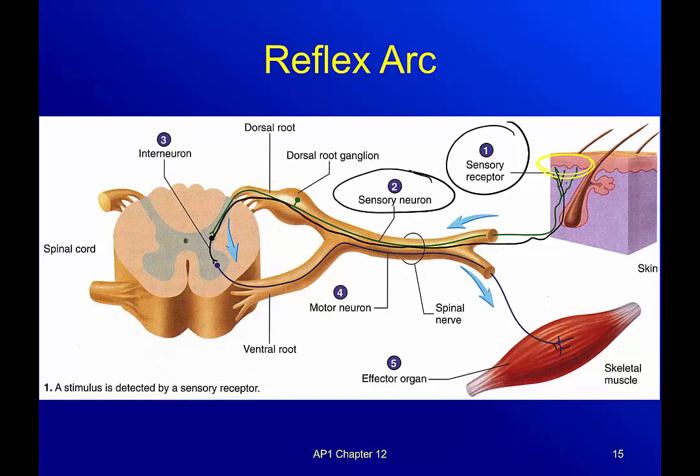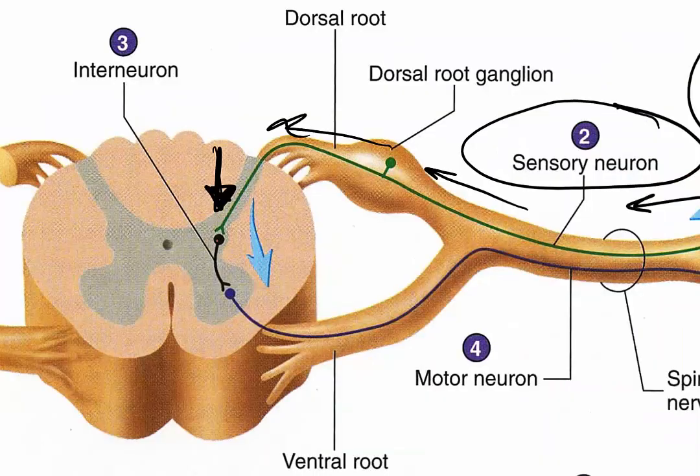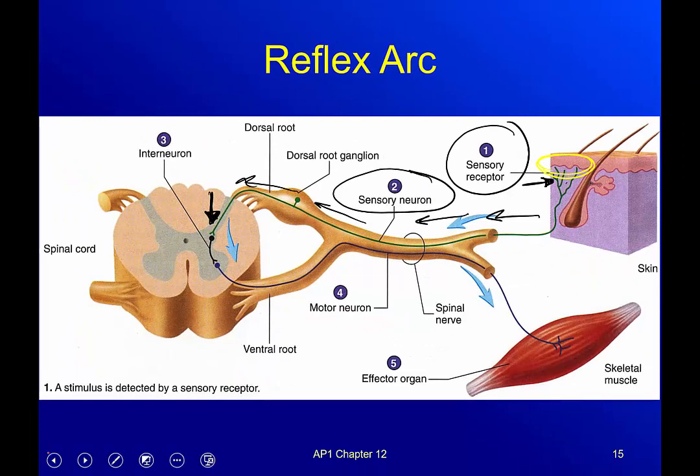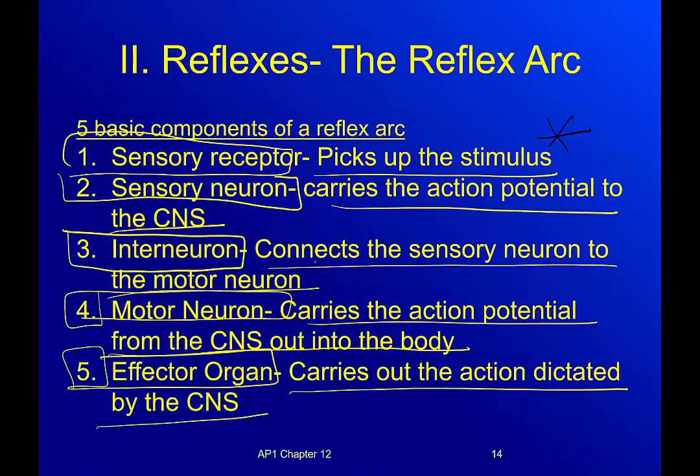Sensory neuron carries that action potential from where the stimulus first started up into my central nervous system. That is his job. He takes the signal this direction, okay? The interneuron, which is this little black neuron right here, connects my sensory neuron up here to my motor neuron down here, okay? So the interneuron connects the sensory neuron to the motor neuron.